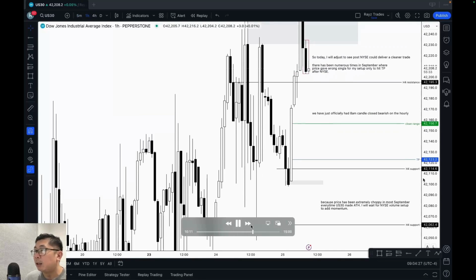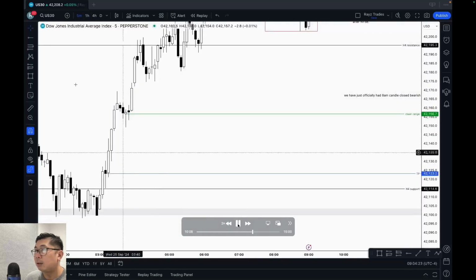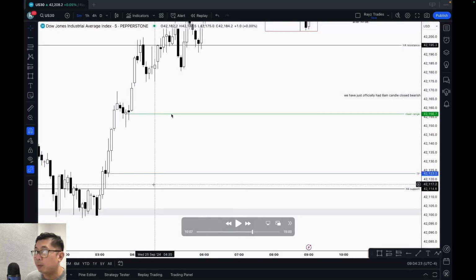So I marked down a, let me just replay that. Okay, so I marked down a trigger point, right? A clean range. If price breaks that 5-minute support, I will be interested in a short position to take it all the way down here.